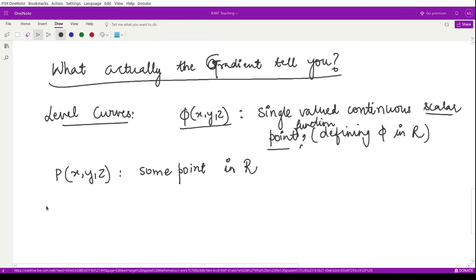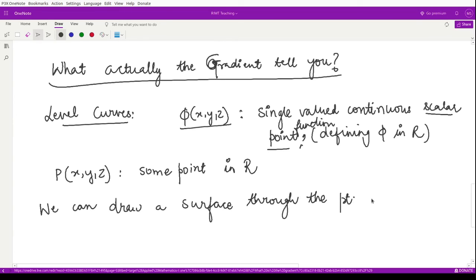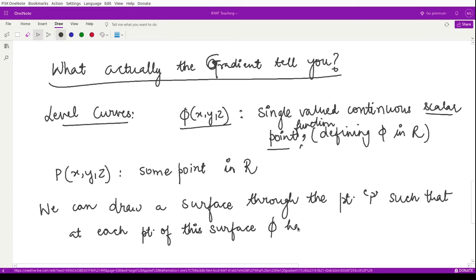Then we can draw a surface through the point P such that at each point of this surface, phi has the same value.